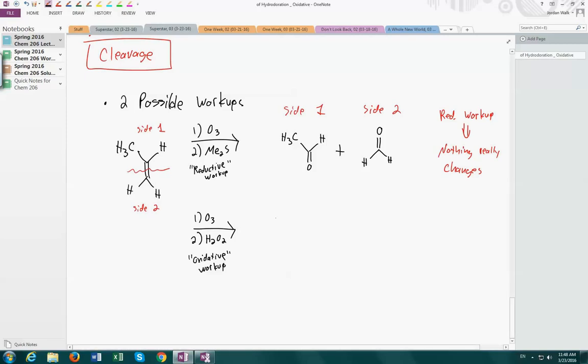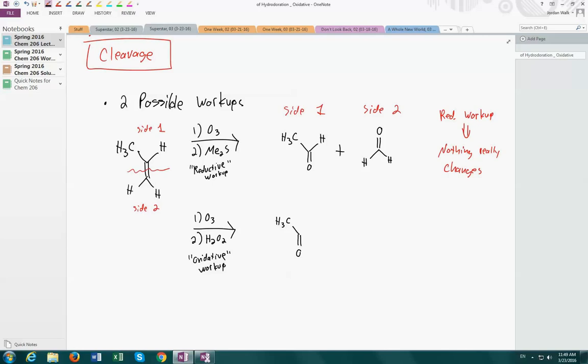And so what we end up with is we're going to have very similar looking products. However, anytime, and it's important to say this, anytime that we have a hydrogen connected to the alkene itself, that hydrogen is going to be swapped out for an OH group. All right, so would these hydrogens count? No, they're part of this methyl group, and so they're not directly connected to the alkene.